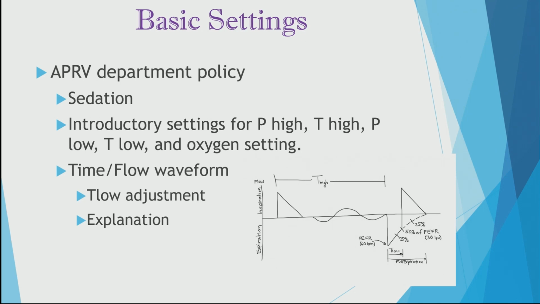So you would go lower, such as 0.7 seconds or 0.6 seconds. And I would suggest 0.1 second increments so that you can determine where that flow waveform is going to terminate. I'm going to talk more about this here in a minute, but the trick is not to allow it to terminate at the 25% mark or less, because that means alveolar de-recruitment.